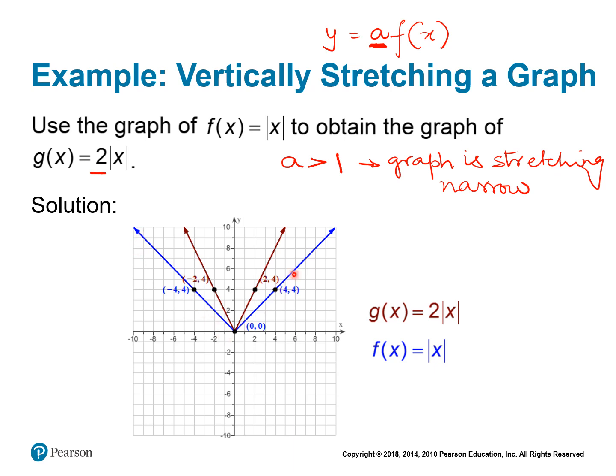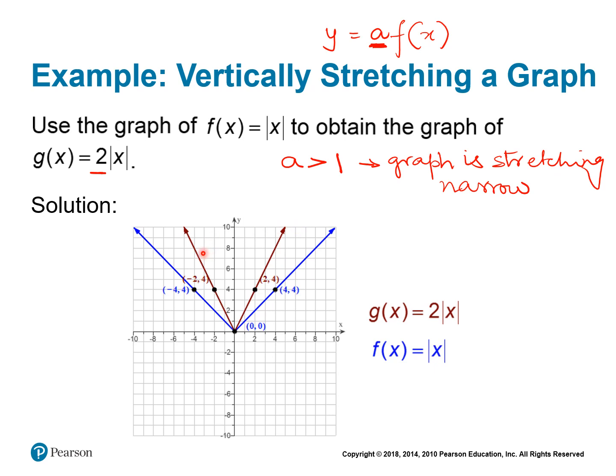The blue graph is the graph of the basic absolute value function. When we multiply the absolute value function by 2, so every y value gets multiplied by 2, the result is this red V, the red graph.